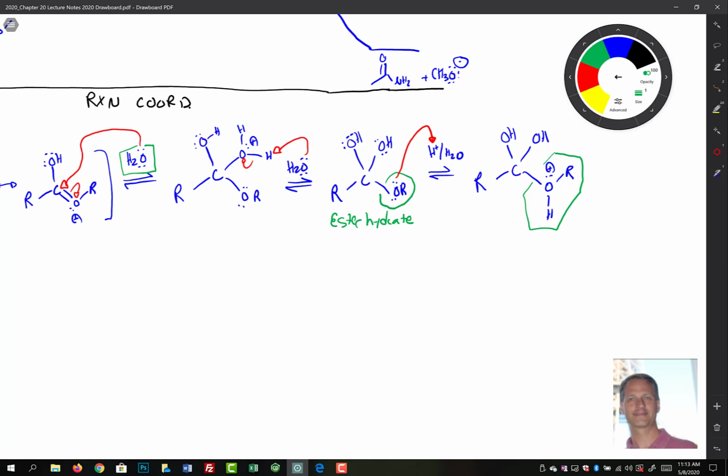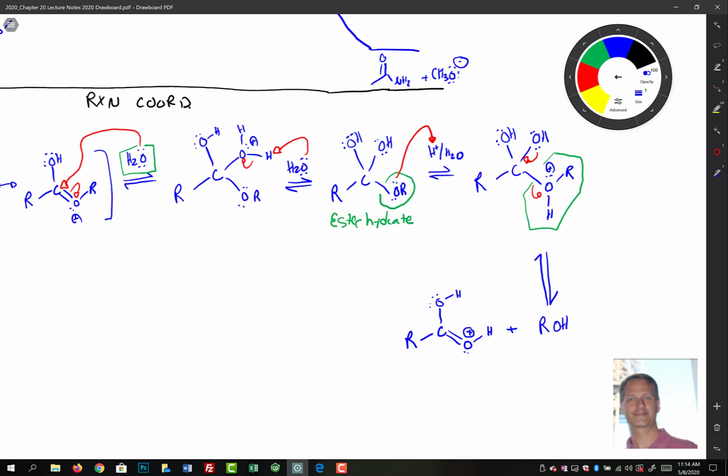It'd be an OR minus. Right? And then kind of moving down here, we'll start swinging down this direction. We're going to take a set of lone pairs here and swing around and do this. And then we're going to kick off our alcohol here. So you're going to get ROH, and then we get our other structure, which is our carbonyl with an H on it like that.